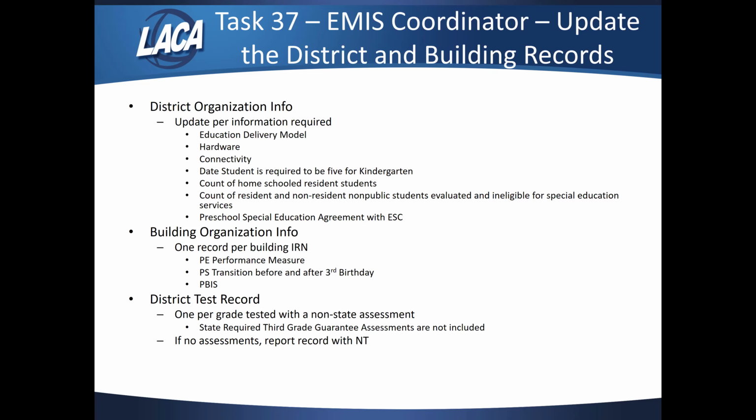On your PE performance measure, put in the information that applies for that building, for that grade span. So if you have a K-3 building, you would put in information that applies to the K-2 and the 3-5 band that applies to that building.